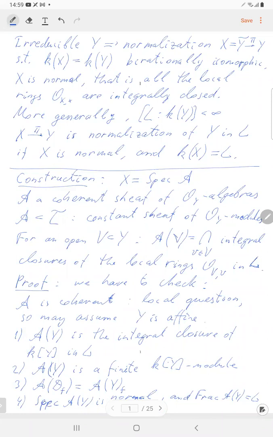Okay, so now let's go to the next page and check those properties. The first property we'll check is that the global sections A of Y is the integral closure. How do we do this?